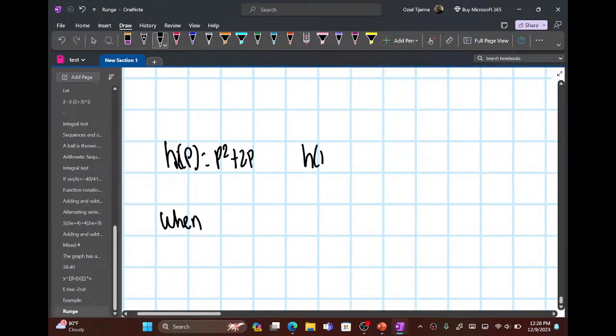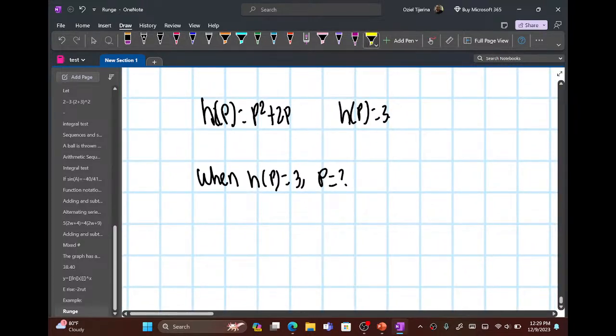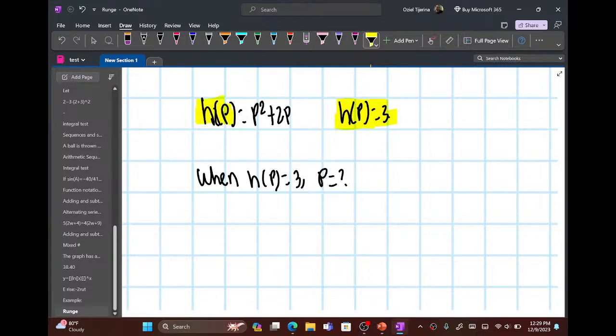So when h of p equals 3, p is equal to what? So we're going to put this in for h of p. So we're going to say that 3 equals p squared plus 2p.